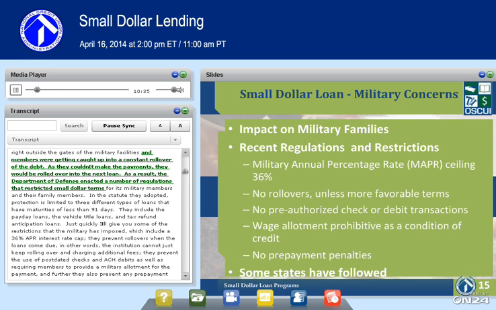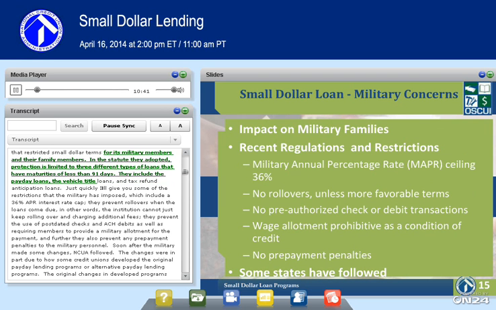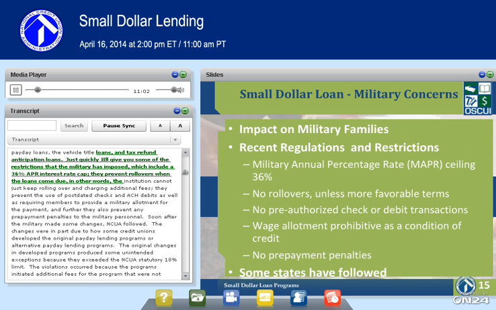As a result, the Department of Defense enacted a number of regulations that restricted small dollar terms for its military members and their family members. The statute adopted protections limited to 3 different types of loans that have maturities of less than 91 days. They include the payday loans, the vehicle title loans, and tax refund anticipation loans.